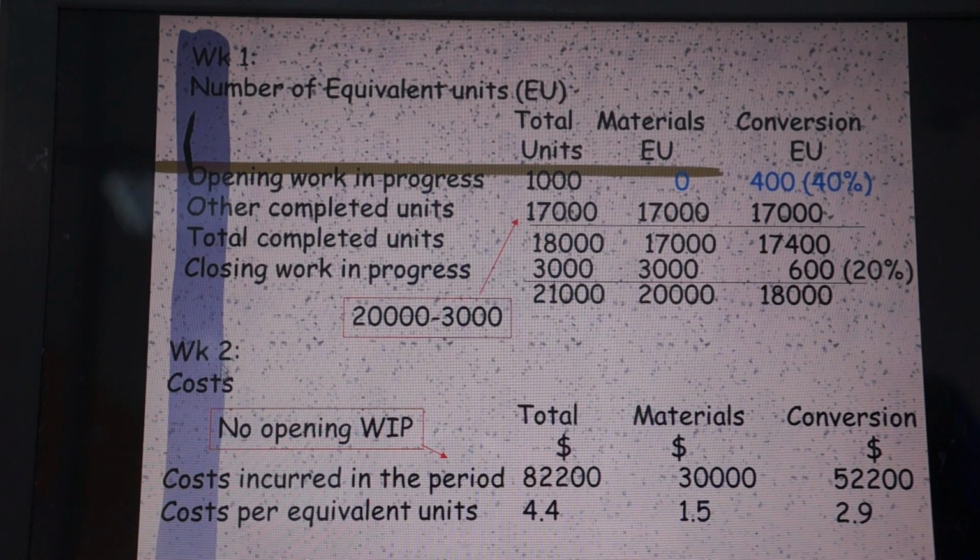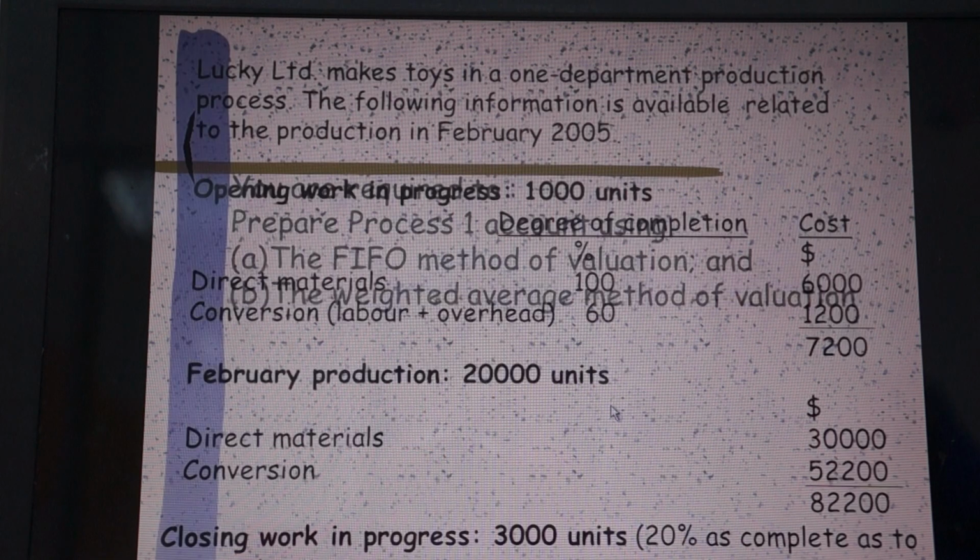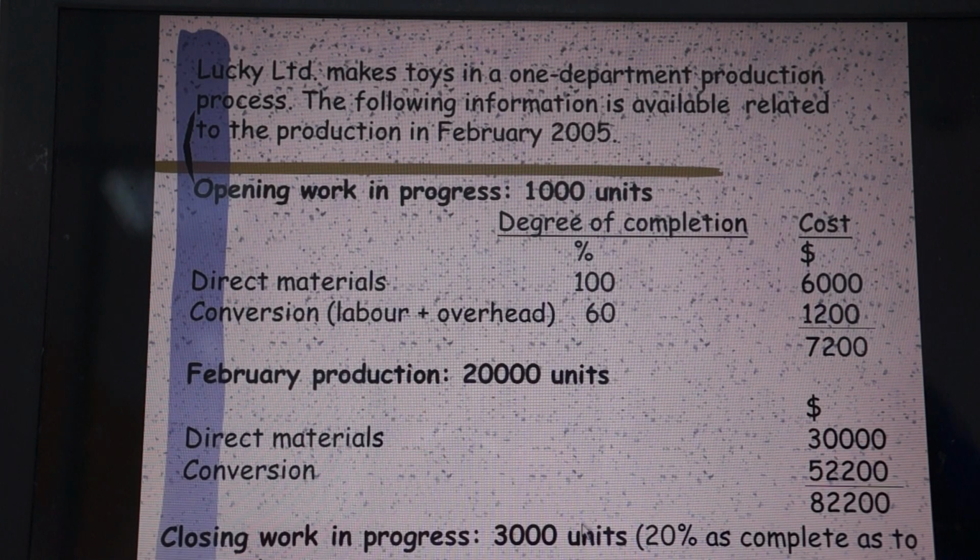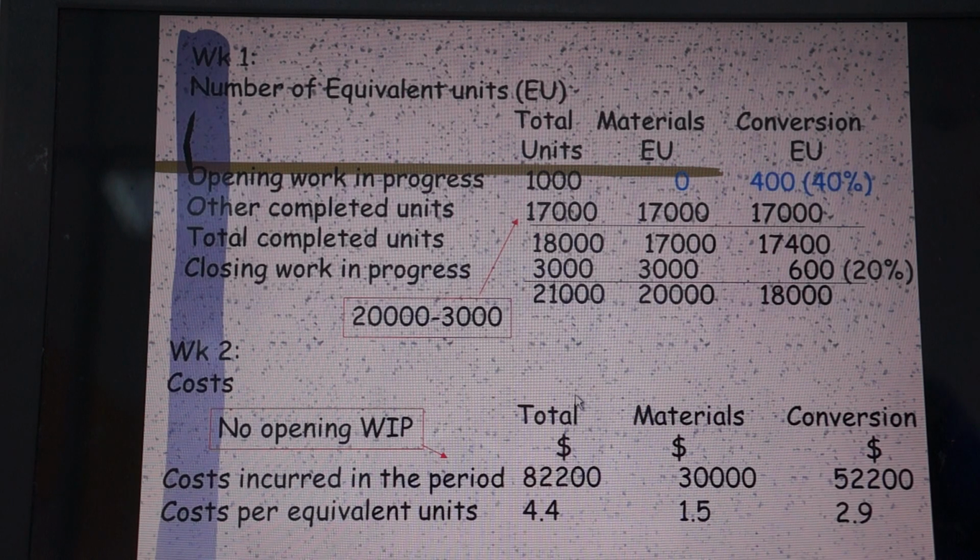Okay, so working number 2 is cost. In the cost incurred in the period, 82,200 is referred to the example question. Here, 82,200 is total cost for current period.